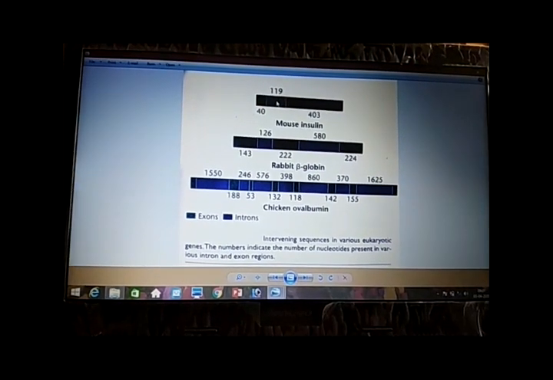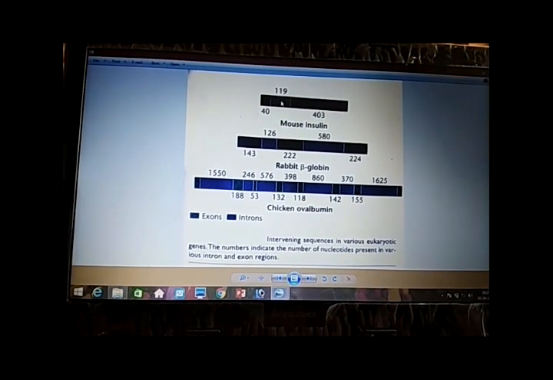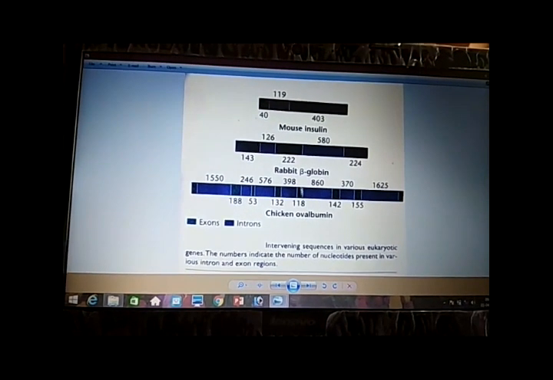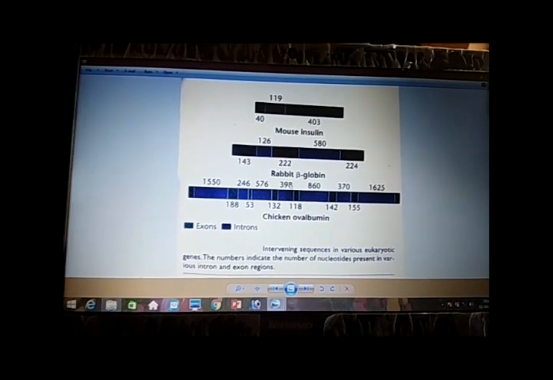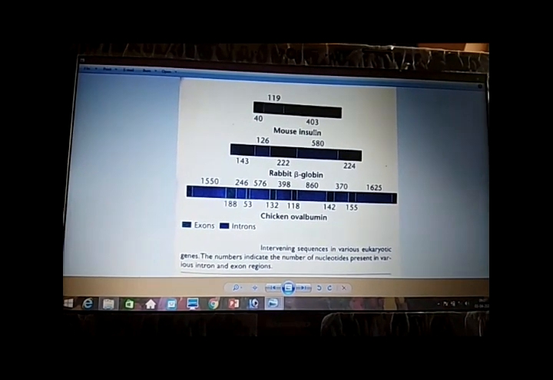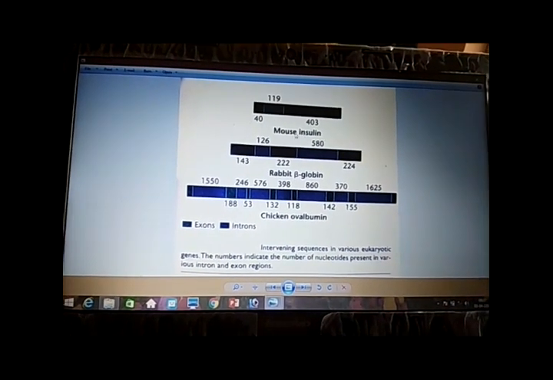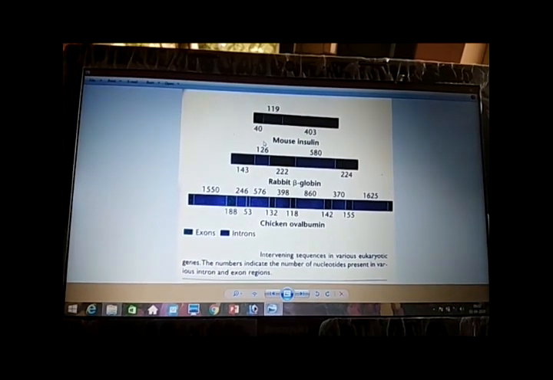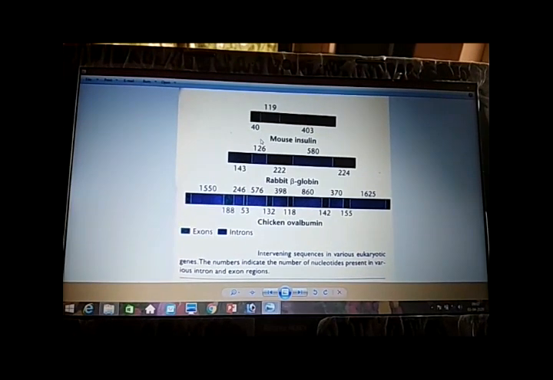Reports of split genes have been obtained from chicken ovalbumin genes, beta-globin genes of rabbit, mouse insulin genes, from the ribosomal genes of Drosophila, and even from the tRNA genes of yeast.